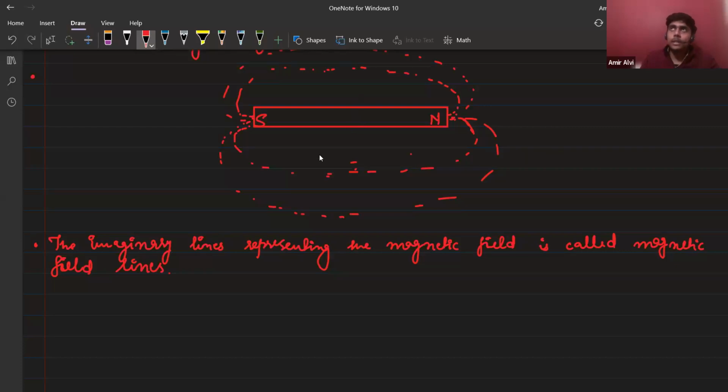If it is a rectangular plate, circular magnetic field lines will be there, and in the middle they will not be concentric circles. So it depends not on the materials but on the shape of the conductor. We'll do that in detail, don't worry. Right now we are just doing the basic properties of the magnetic field lines. Clear? Yes, sir.